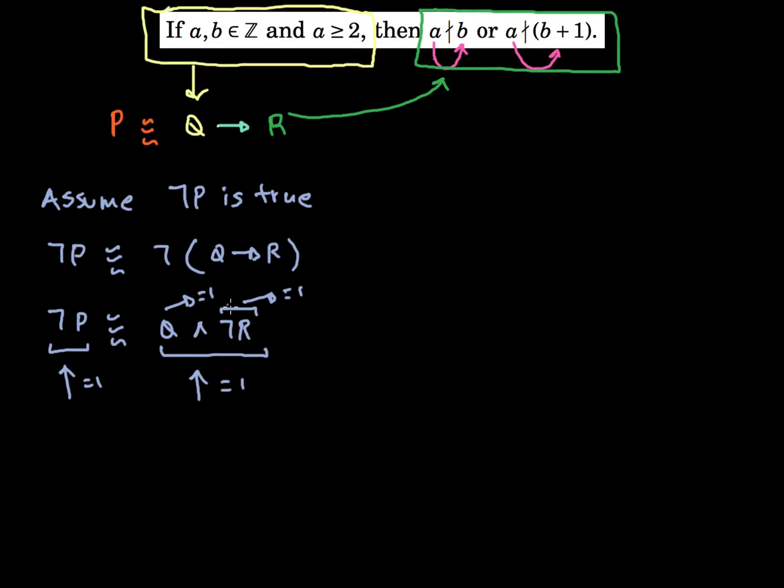So I'm going to assume that A and B belong in the space of integers, and A is greater or equal to 2. And I'm going to assume not R is true.